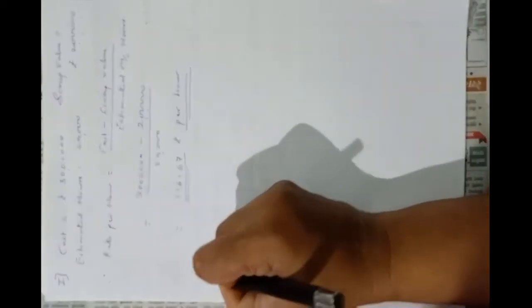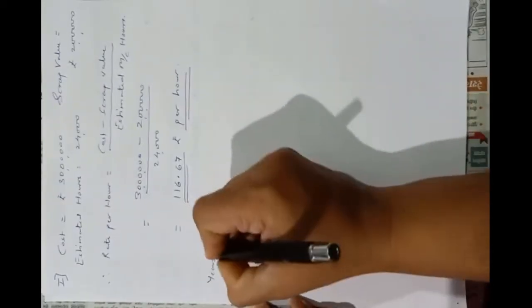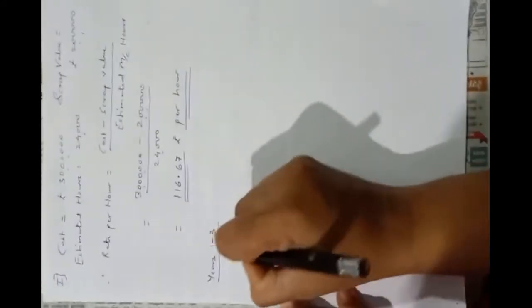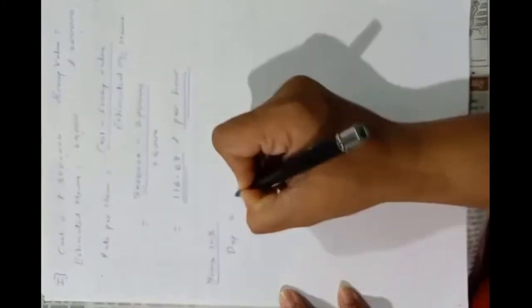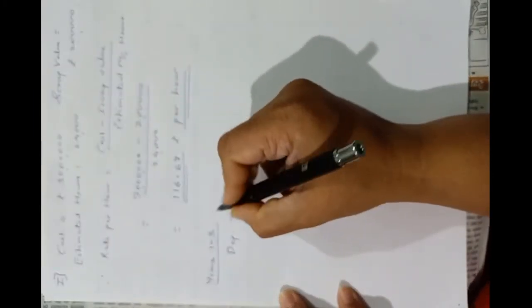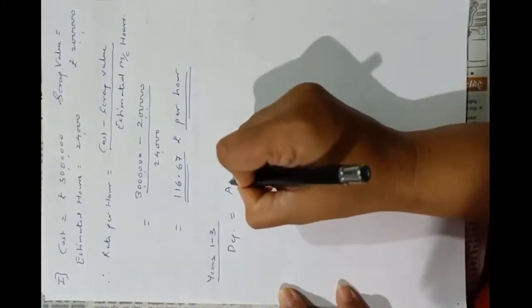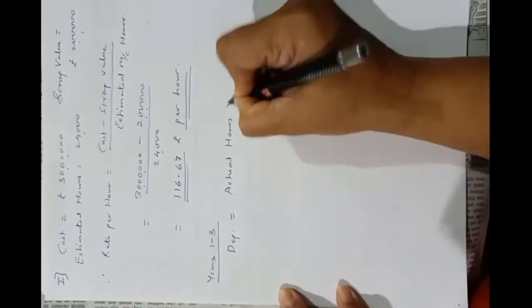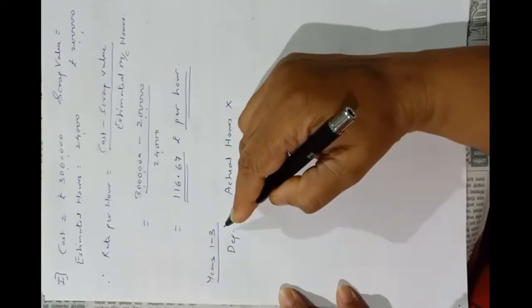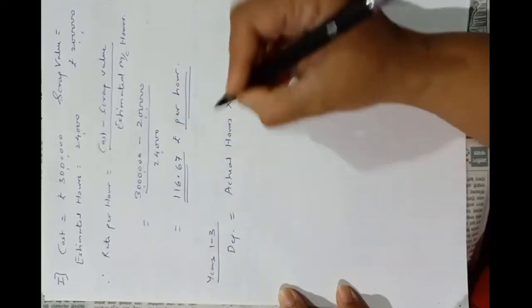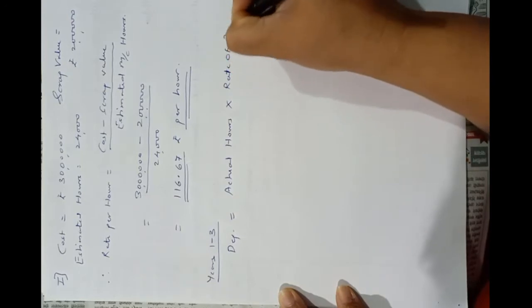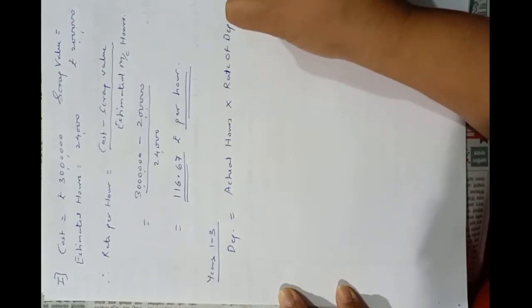So for years 1 to 3, depreciation is equal to actual hours worked in these years into rate of depreciation per hour, obviously.